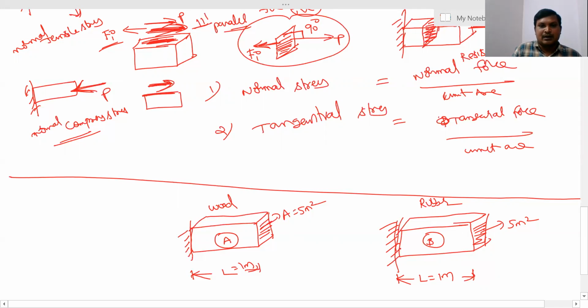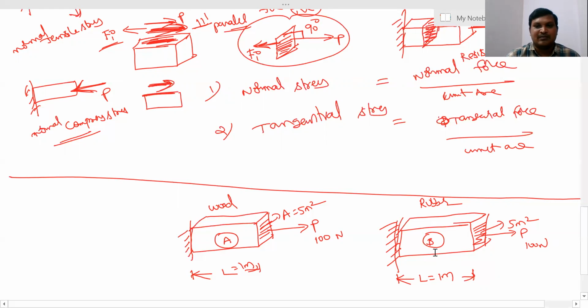Here I'm applying a force P of 100 newtons. Here also I am applying a normal force P of 100 newtons. So which one has more stress?